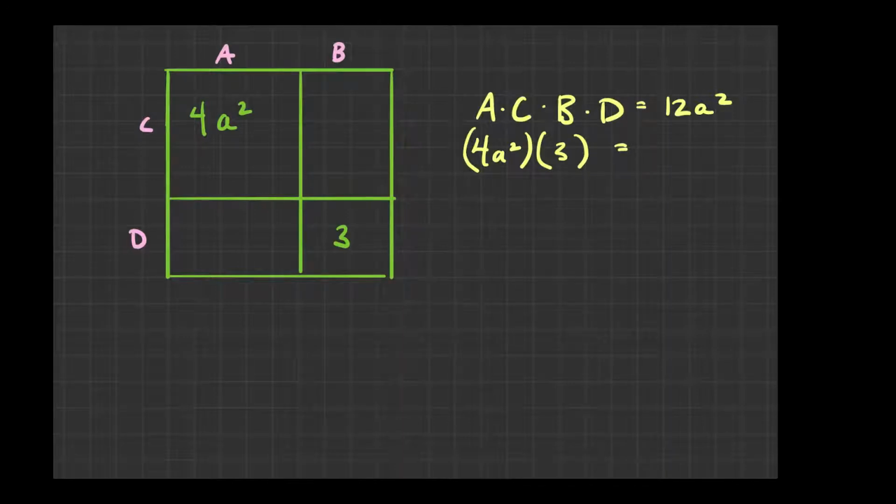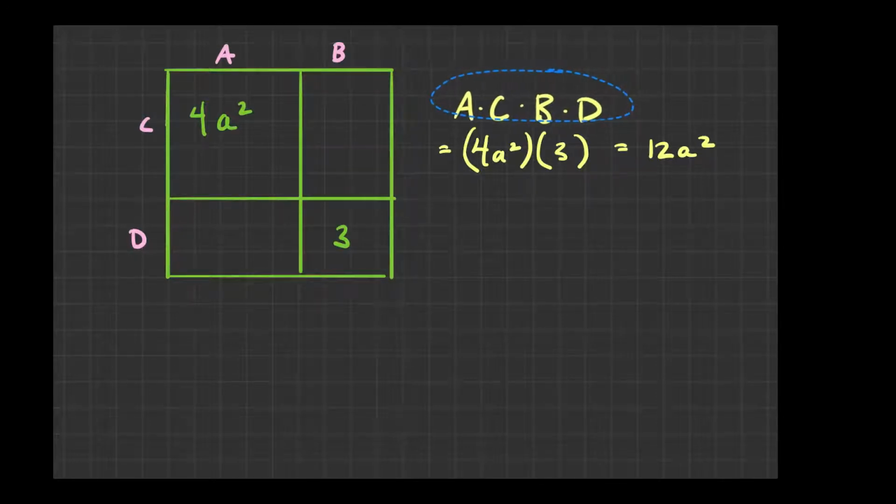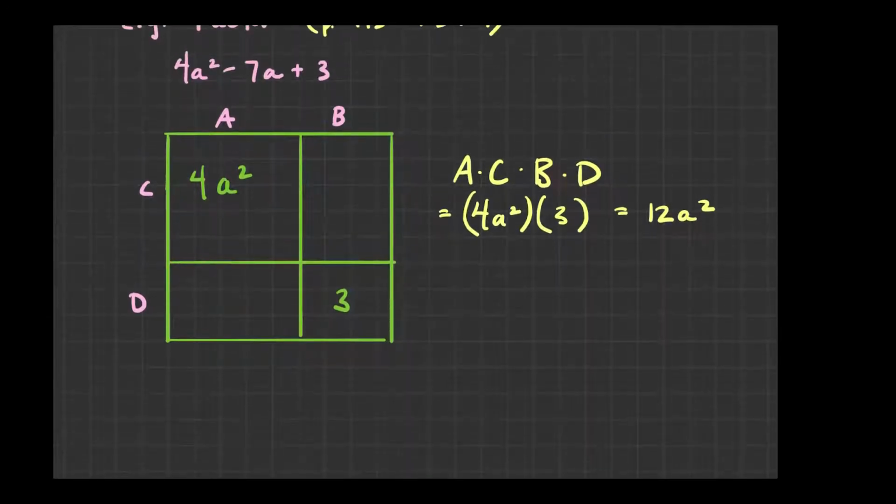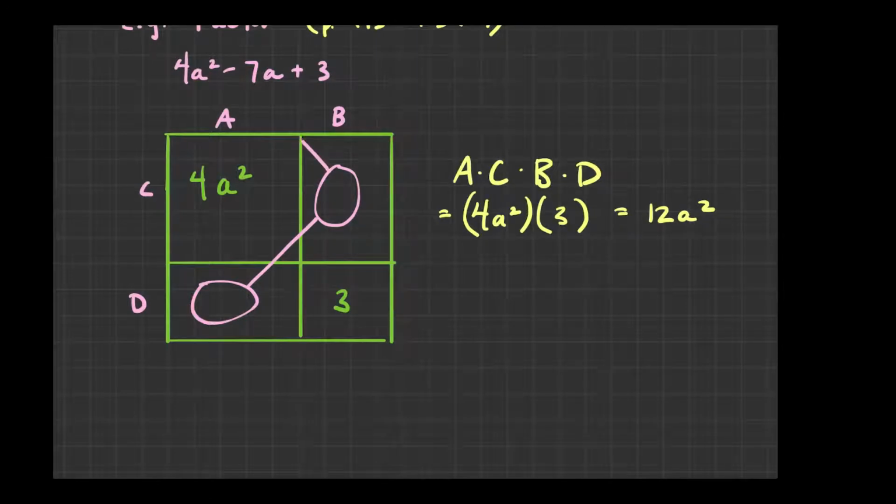So maybe I'll rewrite that. So it looks something like this. There we go. So the other thing that we know is that we're kind of missing something here. What we don't know is what goes here and what goes here. But I know that when I add them together, I'm going to get negative 7a, right?